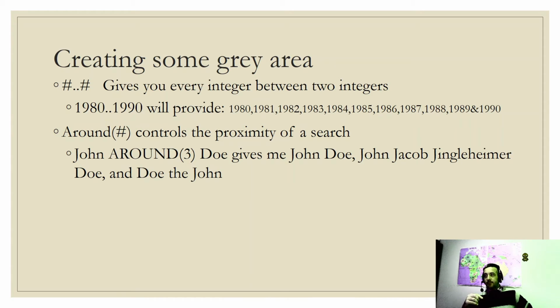It would also give me John Jacob Jingleheimer Doe, and also Doe the John. So this is where you're trying to take these two strings and say, okay, I understand that there might be some middle names here. There might be some added material here. There might be somebody wrote it differently. I just want these two close enough together. So going back to our Charles the Simple, around would be a pretty good way of doing that.